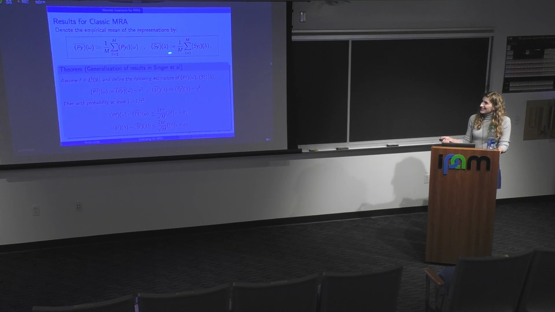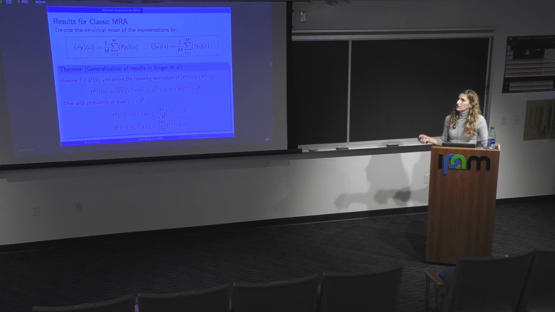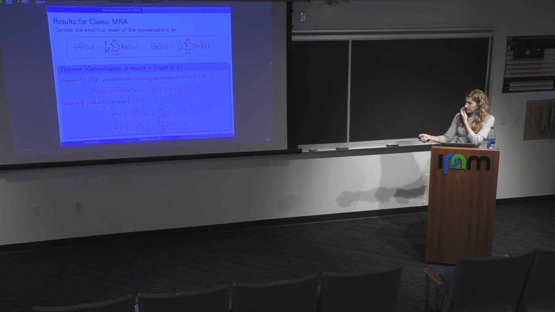Now we look at wavelet invariants, not just the power spectrum. For the rest of the talk, I'm going to use this bar notation to denote an empirical mean. So py bar is the empirical average of all my noisy power spectra, and sy bar is the empirical average of all of my noisy wavelet invariants.